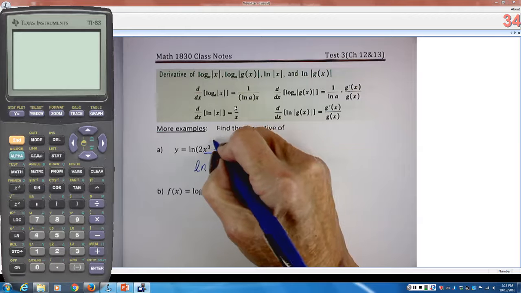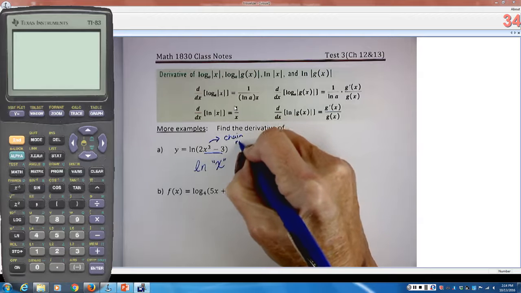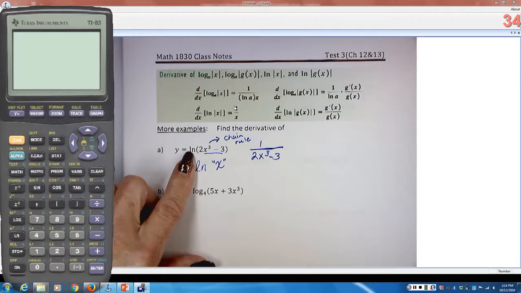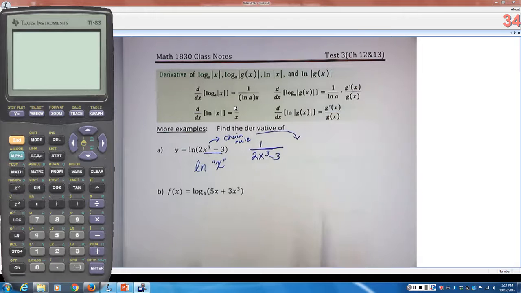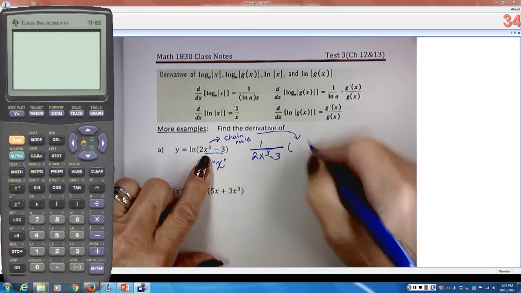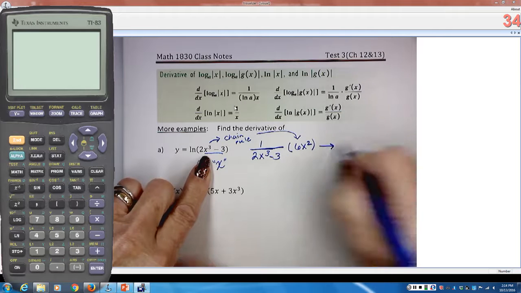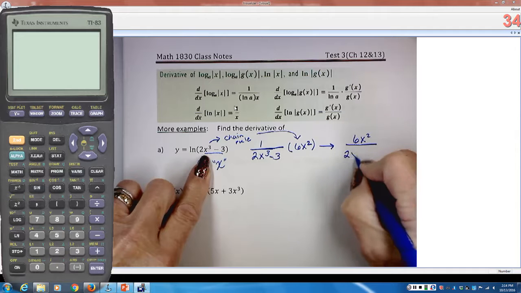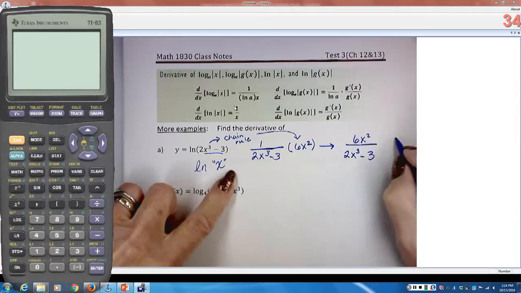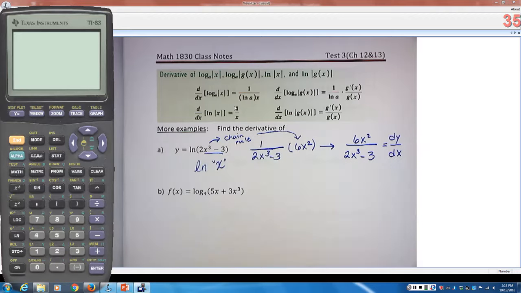But this is also chain rule, because you're taking a function of a function. So you just multiply by the derivative of what's in the parentheses. 3 times 2 is 6x squared. So there's your dy dx, 6x squared over 2x cubed minus 3.